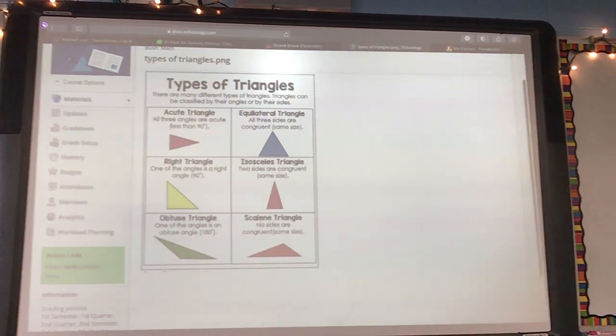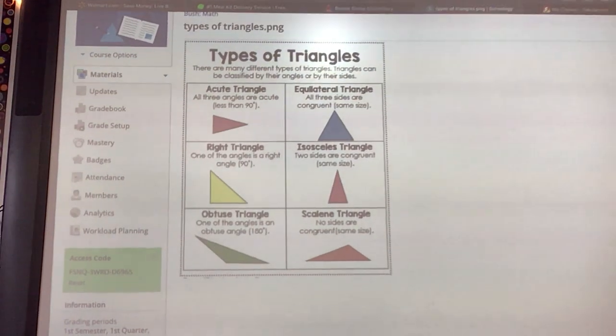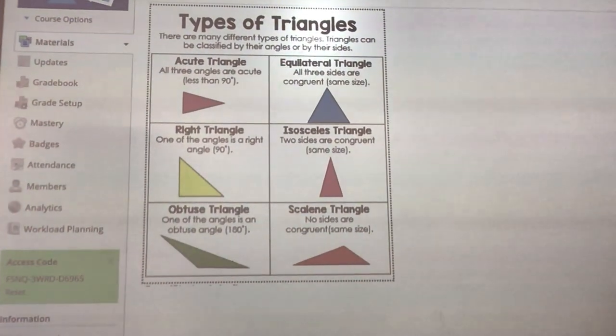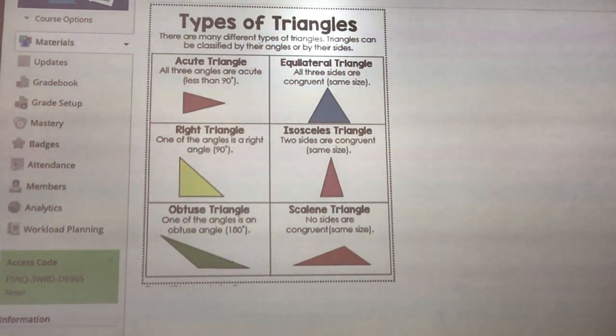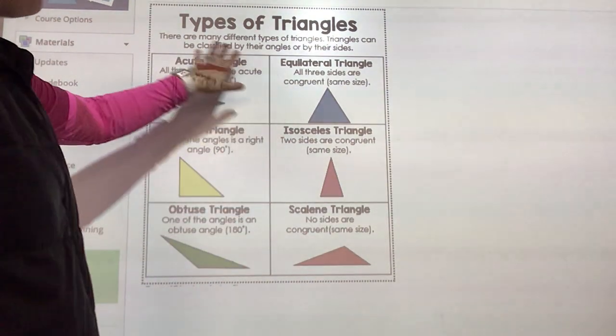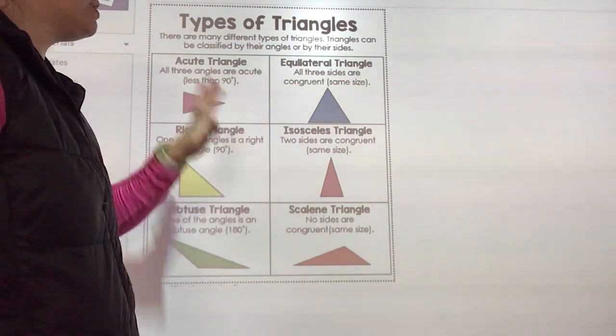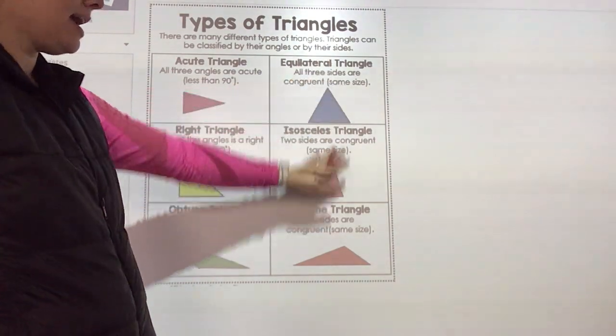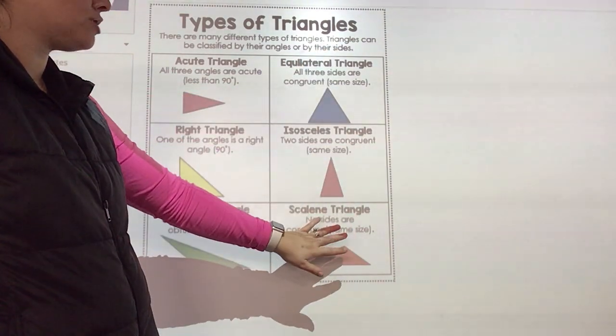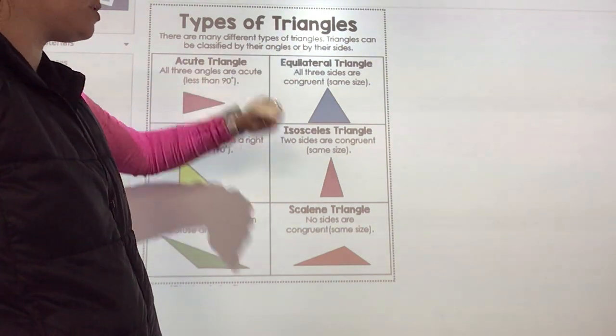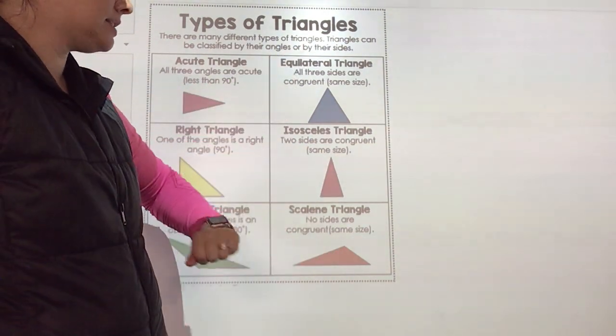Specifically, let's look at the right-hand side only on this one. The left-hand side is the one we're going to talk about tomorrow, the angles. So on our right side here, there are many different types of triangles. Triangles can be classified by their angles and sides. So looking at their sides, different kinds of triangles we have, the equilateral, isosceles, and scalene.